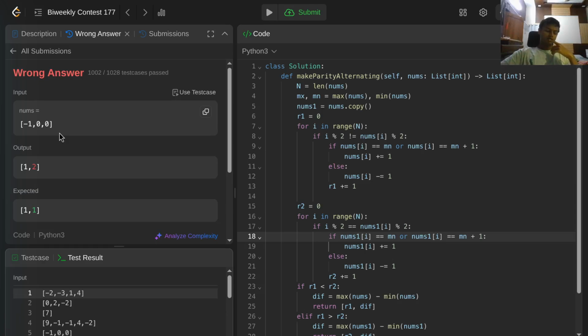Minus 7 is 0. Yes, minus 7. I need to make this minus 1.